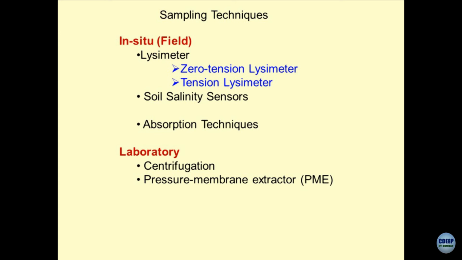These are the ultracentrifuges which are used for taking out the pore solutions from the soil mass, and this is an interesting technique which has been used by us also, and a lot of people are using it to drain out the pore solution from samples, particularly in situ samples which are brought to the lab.